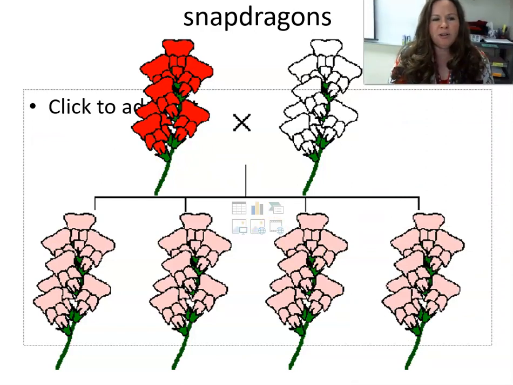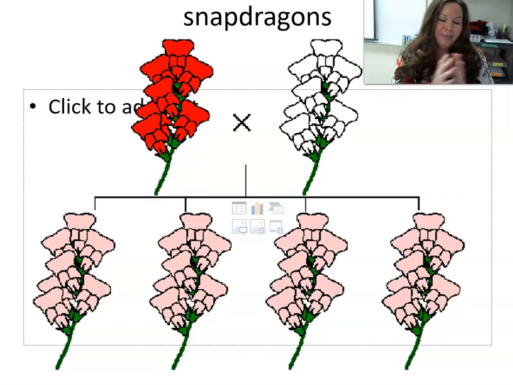These are flowers called snapdragons. I used to plant them in my garden when I was a kid. They come in two different varieties, red and white. So if I have a homozygous red plant and a homozygous white plant, and you mix them, well, with Mendel's old complete dominance rules, I would expect to either get red or white, and whichever one I got would be the dominant one, whether red is dominant or white is dominant.